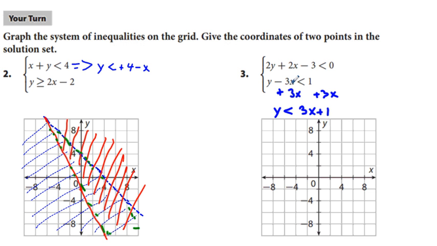So that's going to be the bottom inequality, and the one on top, we're going to subtract 2x, kind of working up above, and add 3, and do the same thing on both sides. So we have minus 2x plus 3.